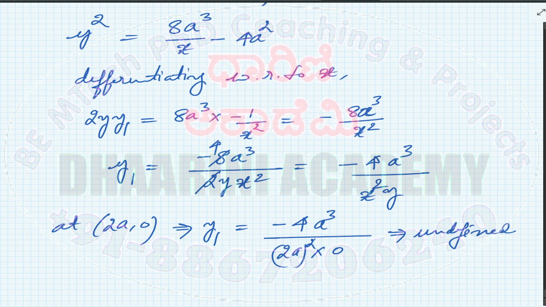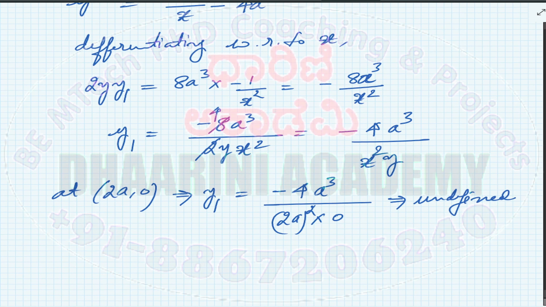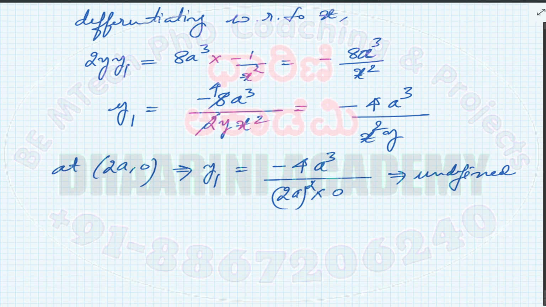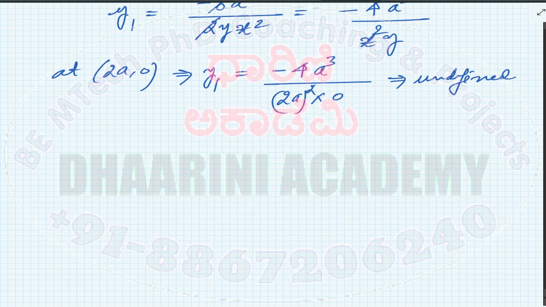This is a new case for us. We had never seen a case like this. So now you will come to know what to do if we get an undefined function. Remember the point, whenever one of the terms, maybe y1 or y2, becomes undefined, then we need to do the reverse way, in the sense find the reverse derivative.